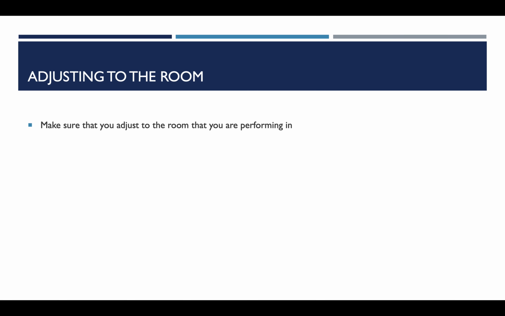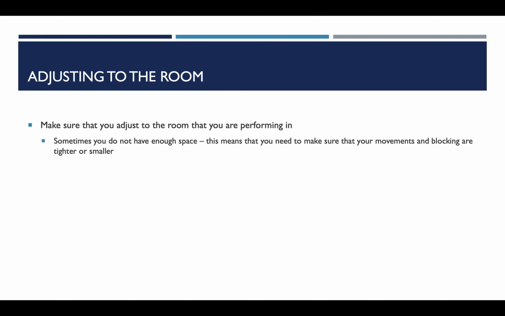I know that some rooms in Milpitas and some rooms at Leland High School or whatever school that league is being held at, sometimes they don't give you enough space. This is particularly problematic with a duo. However, it does mean that you need to adjust your movements and blocking to make sure that they're either tighter or smaller than you usually have practiced in the past.